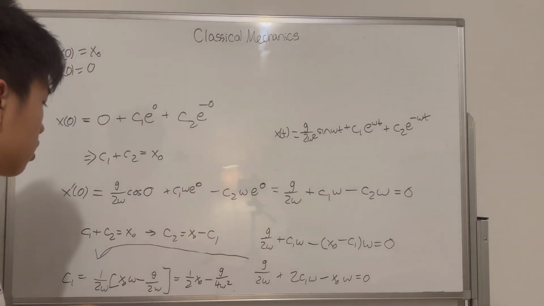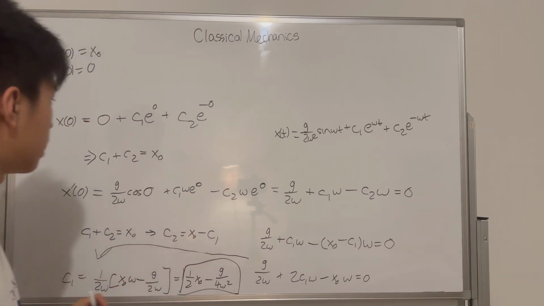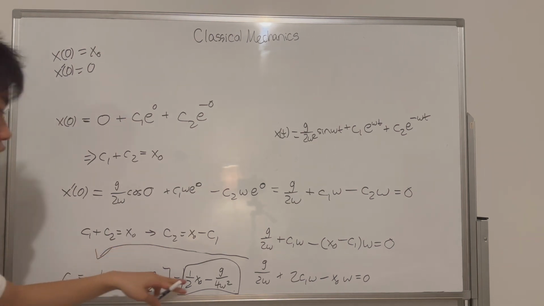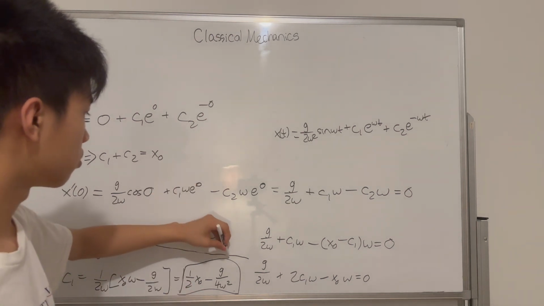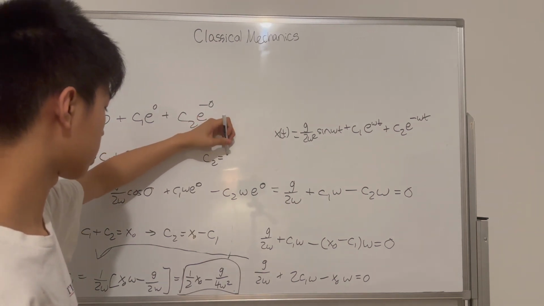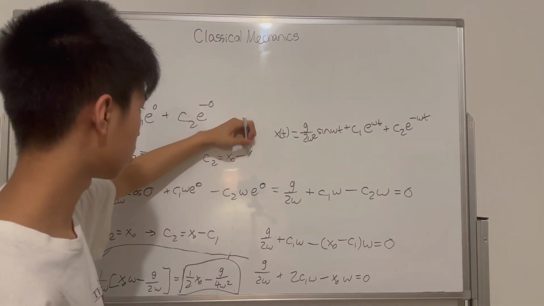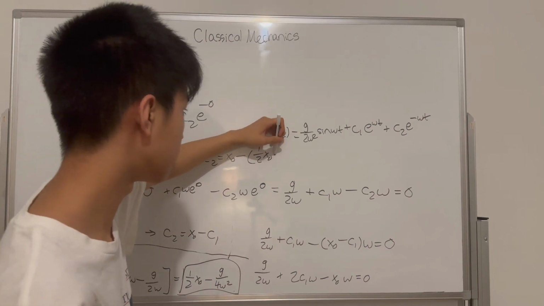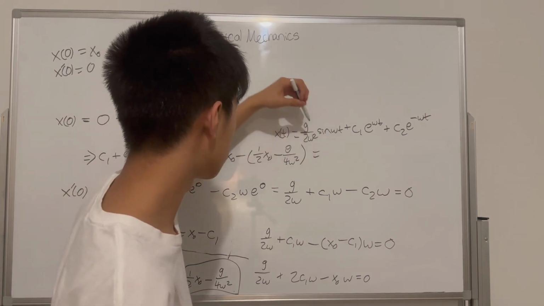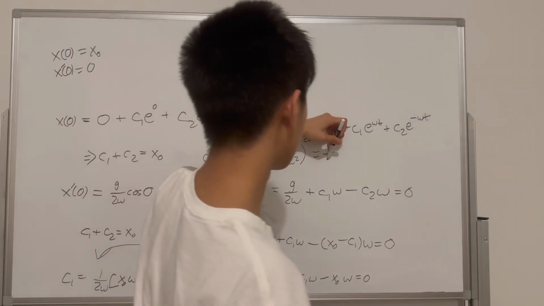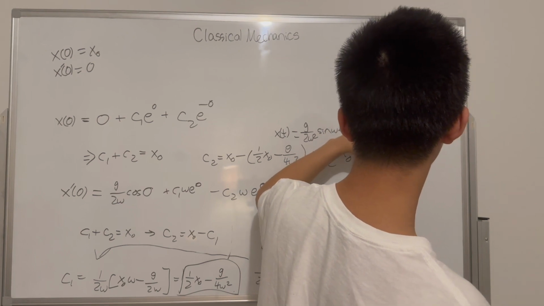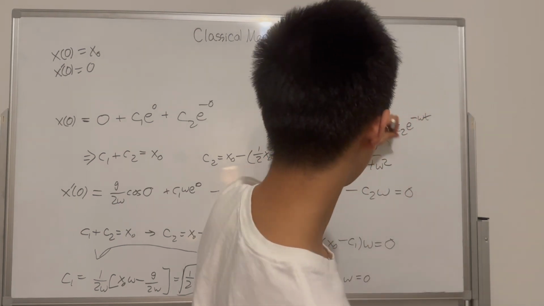So then we got that. Now we need to solve for c2. We remember that c2 is just x naught minus this, so c2 is equal to x naught minus 1/2 x naught minus g over 4 omega squared. Then this ends up being positive 1/2 x naught plus g over 4 omega squared.